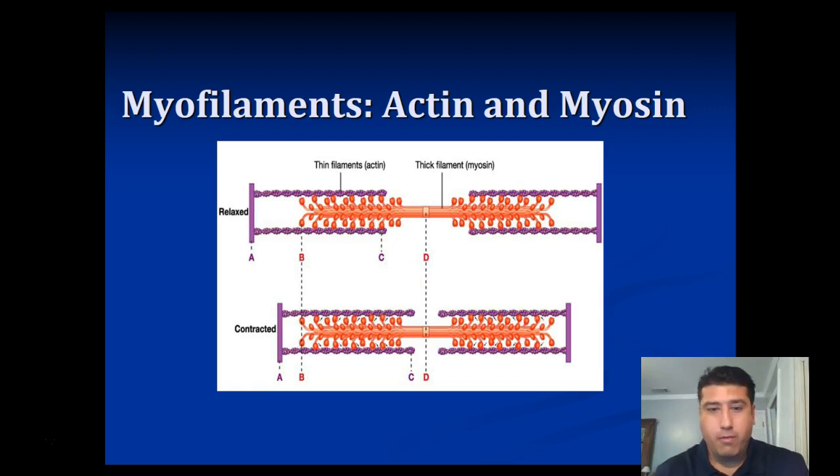In order for a muscle contraction to occur, all these heads on the myosin thick filament have to attach to the binding sites on actin. They bind and then they cock, and whenever they cock, they're pulling the ends of the muscle towards the beginning of the muscle.